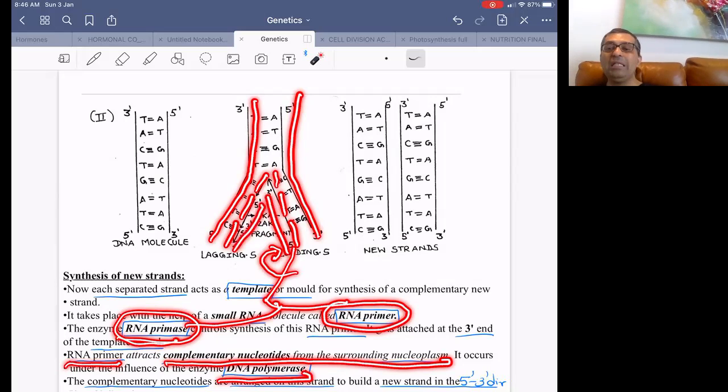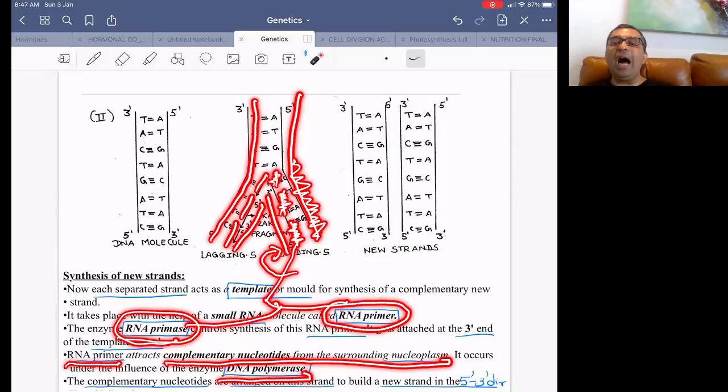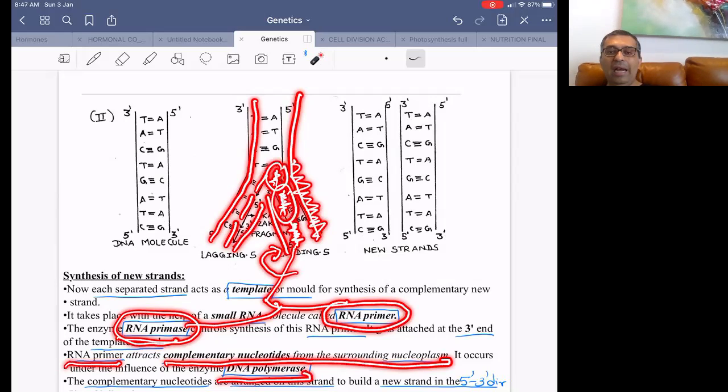तो ध्यान से, ये है टेम्पलेट, टेम्पलेट के ऊपर आ गया आरएनए प्राइमर मॉलिक्यूल, यह है आरएनए प्राइमर मॉलिक्यूल। एंड आरएनए प्राइमर मॉलिक्यूल रीड्स द टेम्पलेट, और टेम्पलेट को स्टडी करने के बाद it attracts new nucleotides.